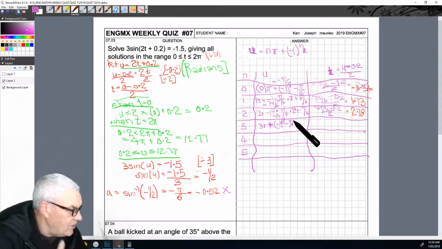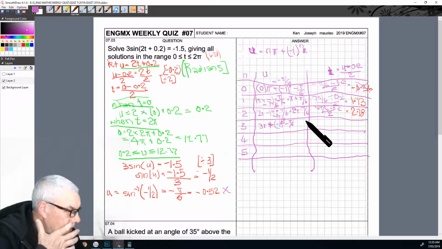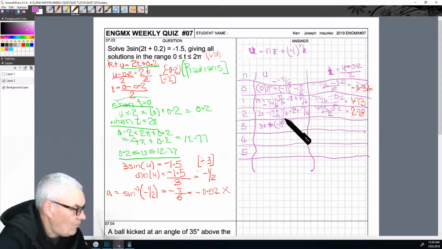So that's going to be equal to 3 pi plus pi by 6, because of the negative.